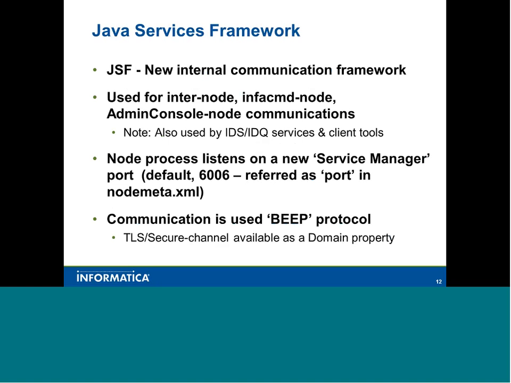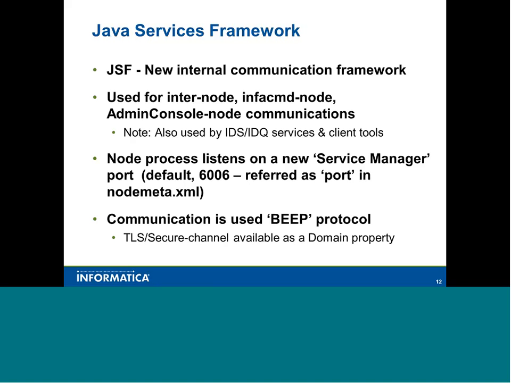Next comes the Java Services Framework, right? This Java Services Framework is a new internal communication framework. As I said, it's used by the infacmd node or admin console for communicating. This same framework is used by the new services, Informatica Data Services, or data quality, or client tools for data quality and data services.